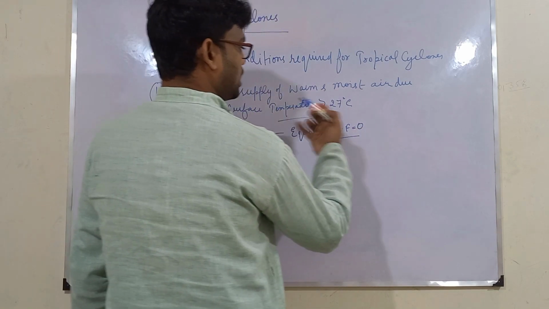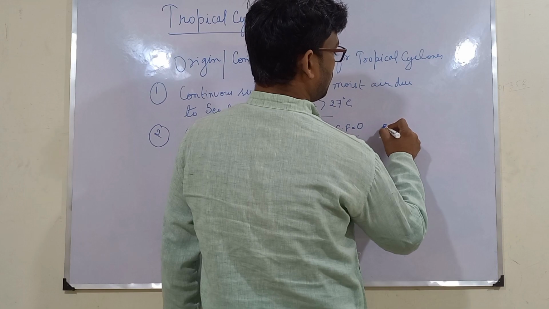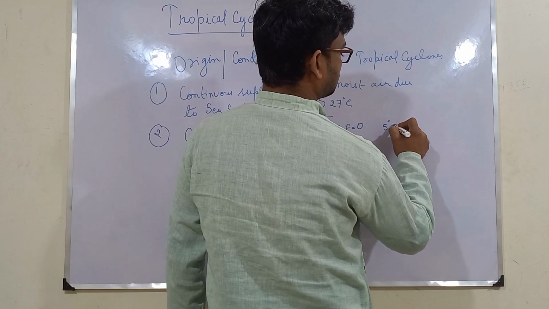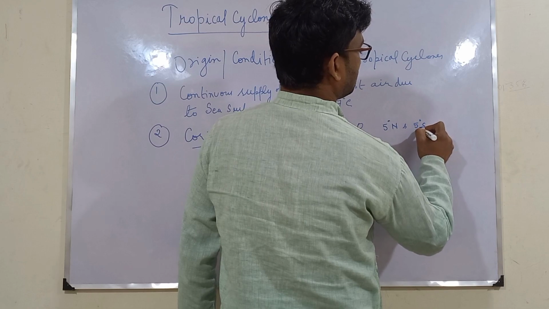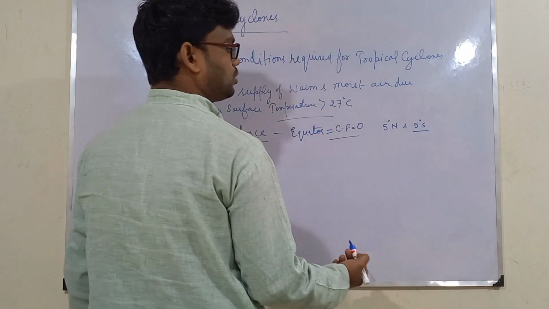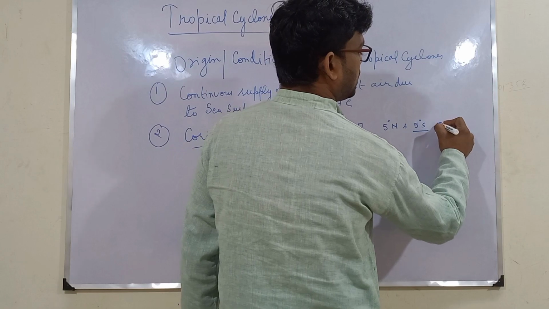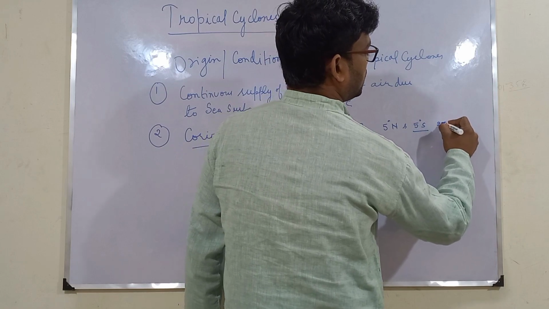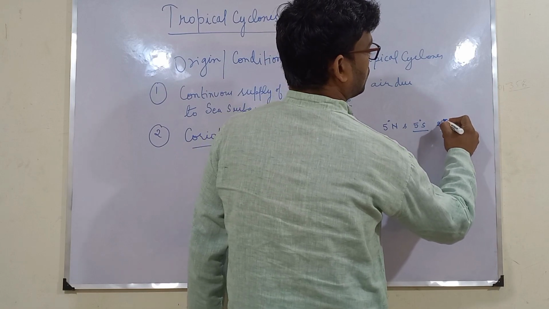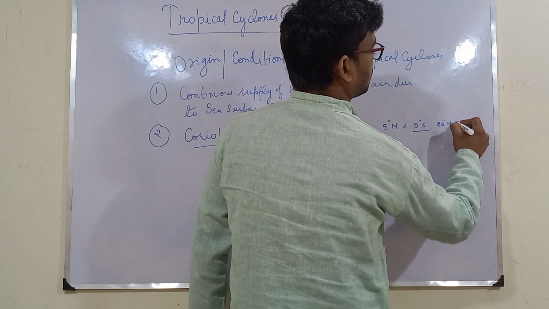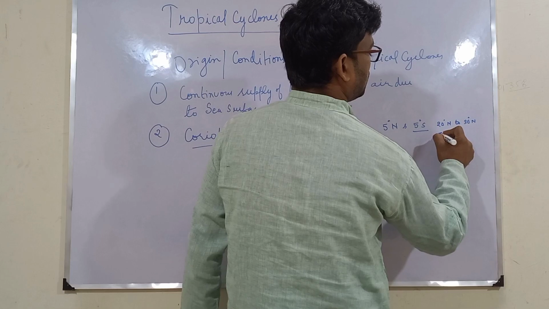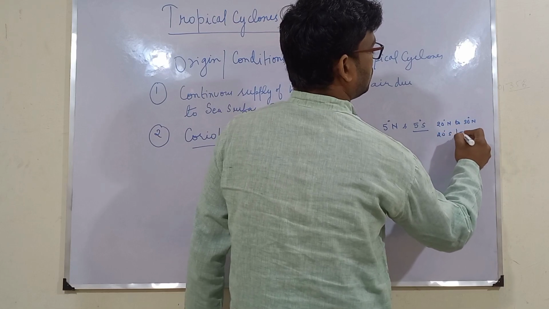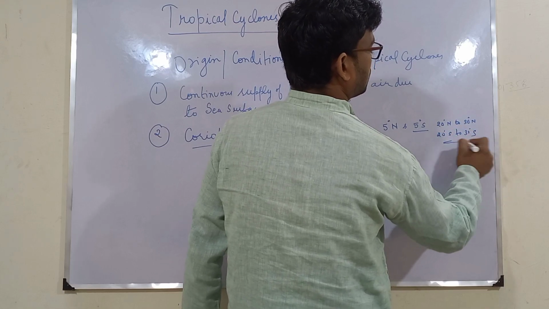So where are these cyclones mainly formed? These are mainly formed above 5 degree north and below 5 degree south latitudes, and mainly in the 20 degree north to 30 degree north latitudes, or 20 degree south to 30 degree south latitudes.